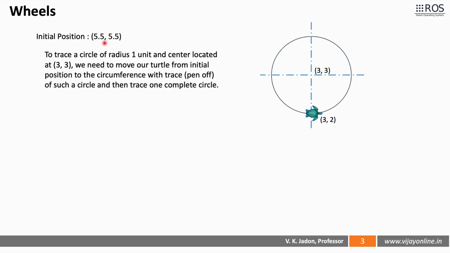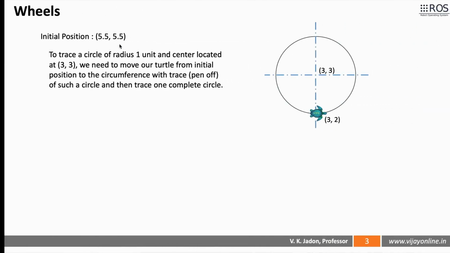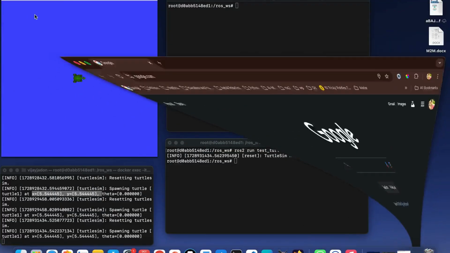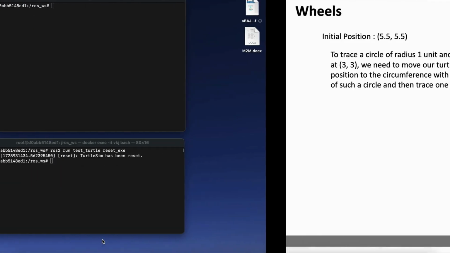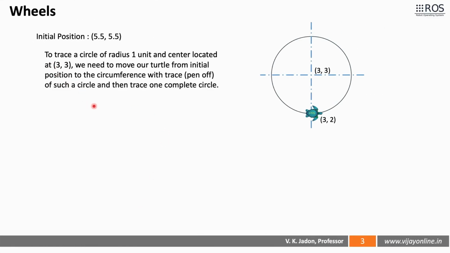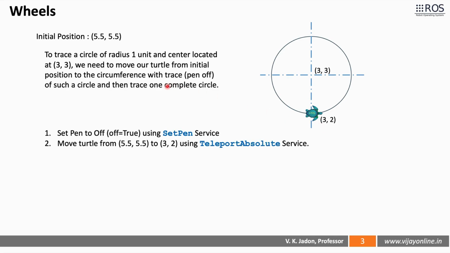For example, if one traces a circle of radius 1 unit, centered at 3, 3, we need to move our turtle from its initial position. When we start the turtleSim node, the initial position is 5.5, 5.5. It is better to bring the turtle from this position to this position to have the 3, 3 circle. When moving from 5.5, 5.5 to this, we have to set pen off, and then move using the teleport absolute service.